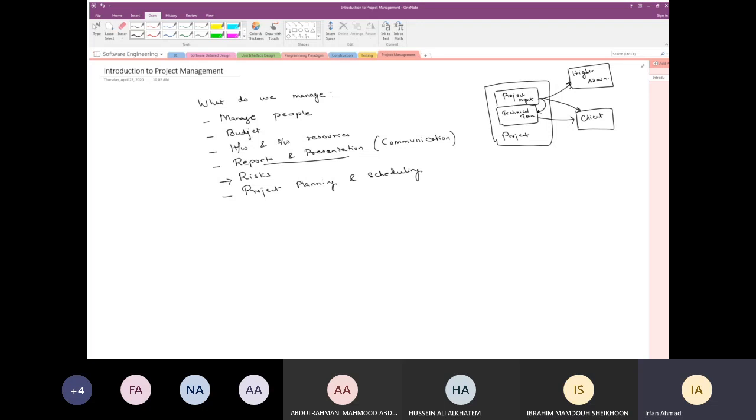For example, you have weekly progress of the project. So the project management team is involved with those meetings and presentations about progress, about problems, resolving with the client and stuff like that. Even the proposal, the project management team is involved in writing proposals and negotiating with the client, right?